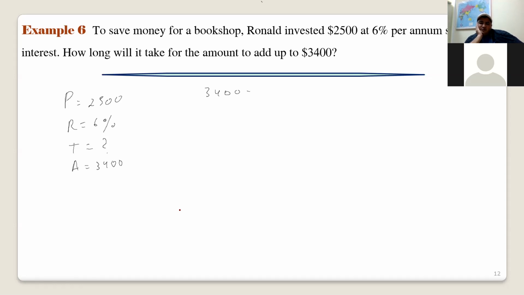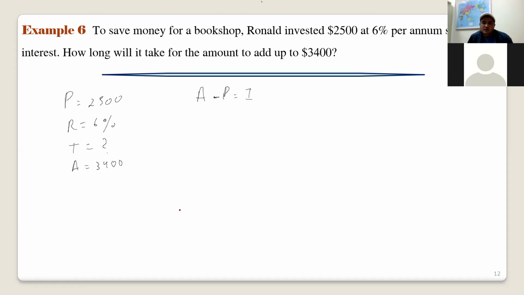First let's write the formula, then substitute the values, right? A equals P plus I. Because writing this formula shows your method, what method you are using here, clearly.